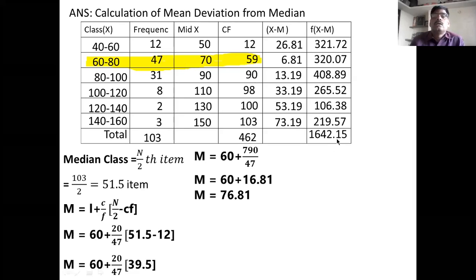This is the total. Now write the mean deviation equation.